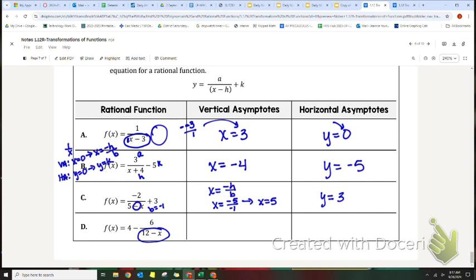We've got x is equal to, my h is going to be 12, so -12 divided by b, which is -1, so we get x equals 12. And then here is my k, they moved it to the front this time, which is a +4. All right, and that is the end of lesson 12.